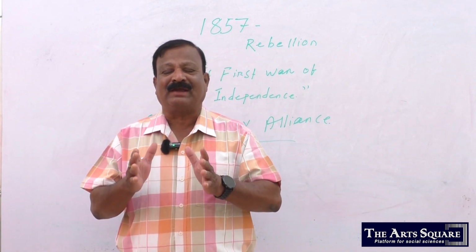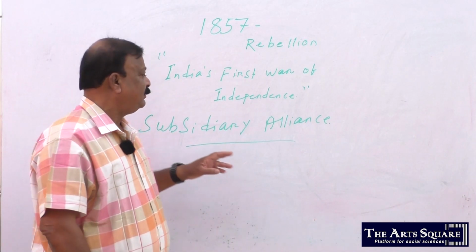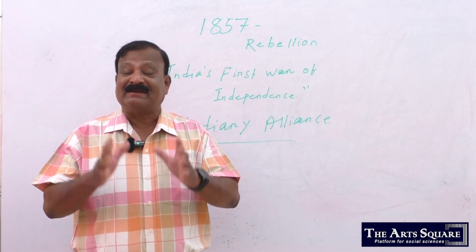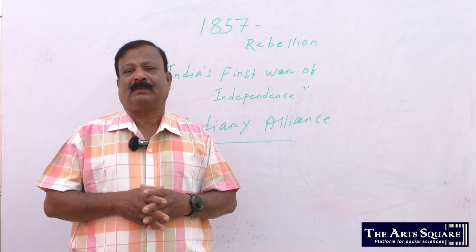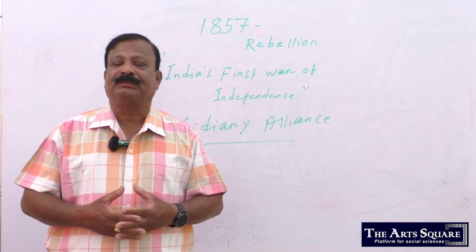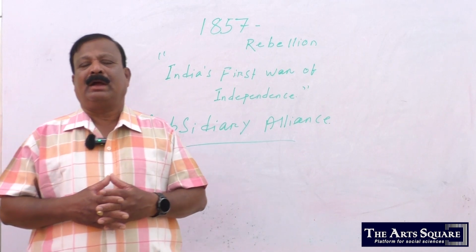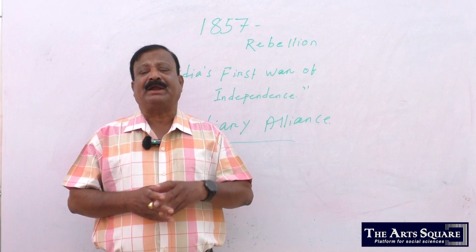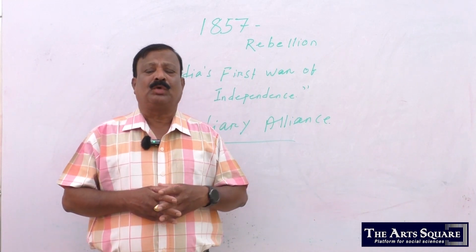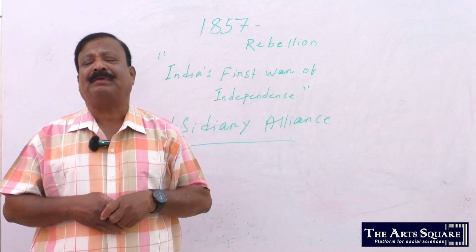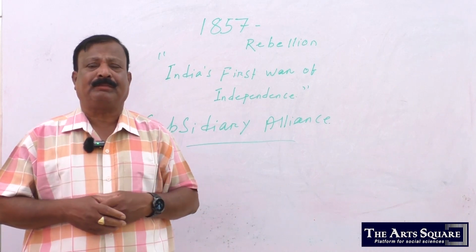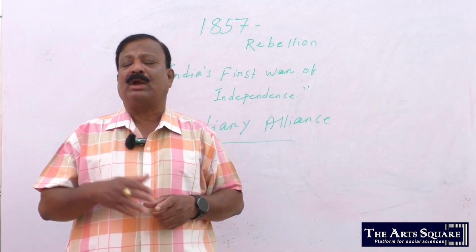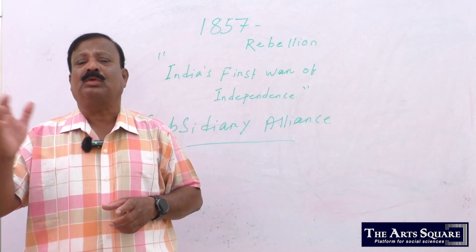So Lord Wellesley started a policy, that is the subsidiary alliance. And this is the policy. How did it work? First of all, he directed his people: go marching to every nook and corner of India and tell me who are the powerful rulers and who are the weak rulers.